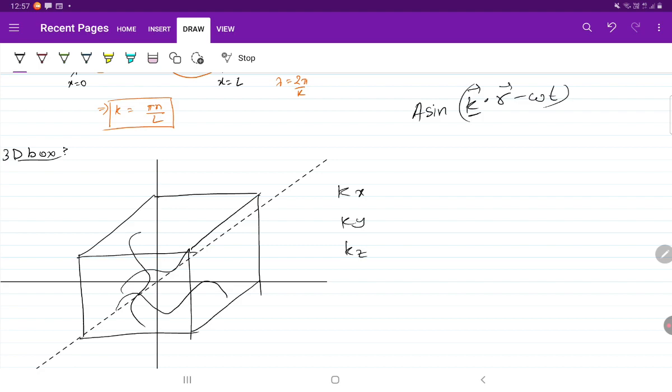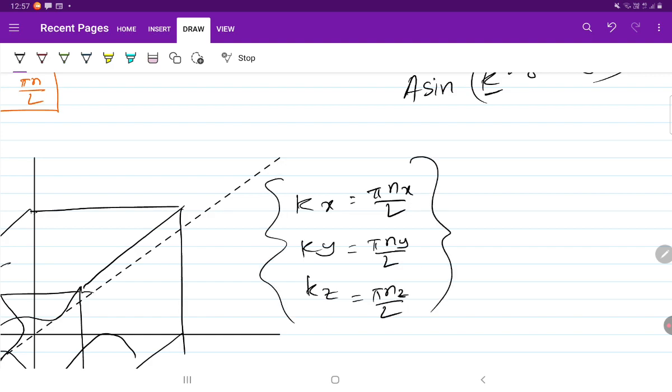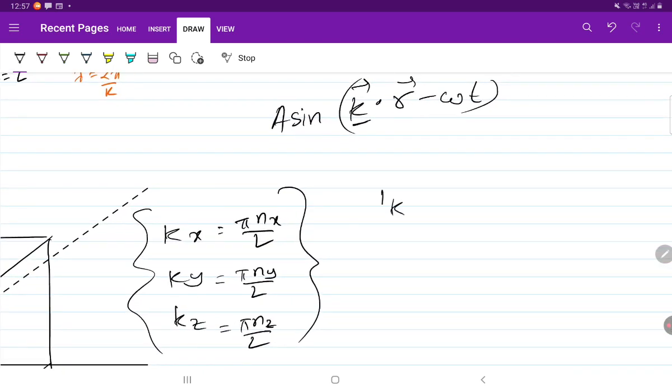Similarly, for a wave confined in the box, we write kx equals pi nx by L. Now nx is also an integer. Similarly, ky equals pi ny by L, kz equals pi nz by L. These three relations are very important. Now mod k vector is given as the square root of kx square plus ky square plus kz square.